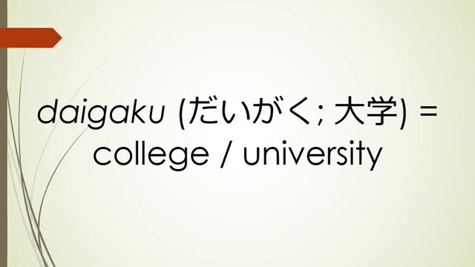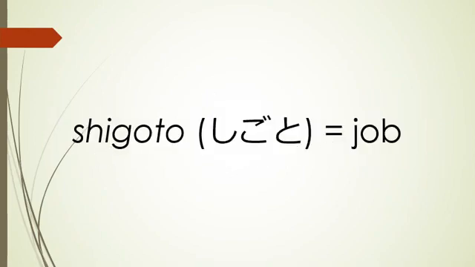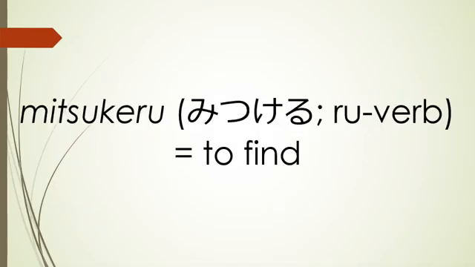We would use the same kanji to write gakko. So literally, daigaku means big school. But of course, we translate it as college or university. Shigoto means job. And mitsukeru is a ru verb that means to find.